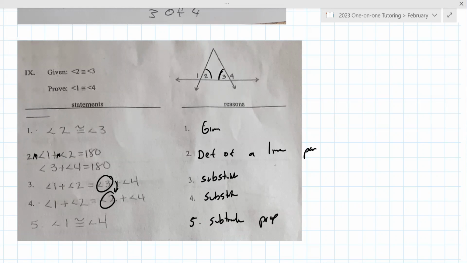All right, so any questions on that? No. Okay, so the next one looks really similar. In fact, it's the same. Am I missing something?